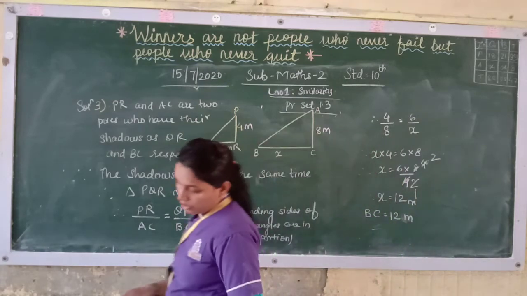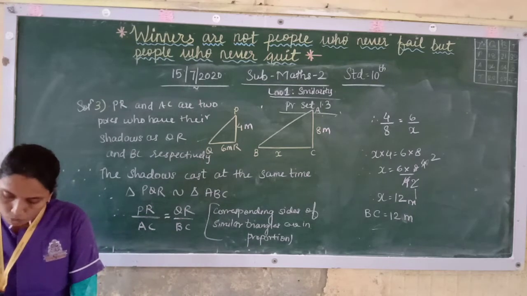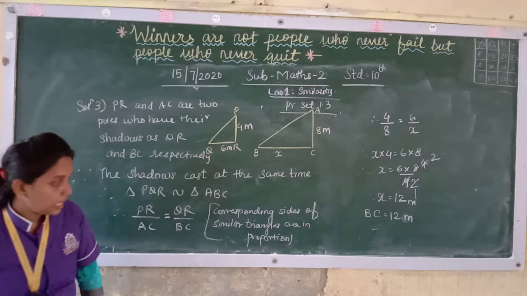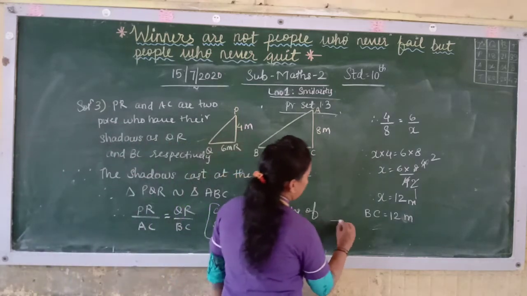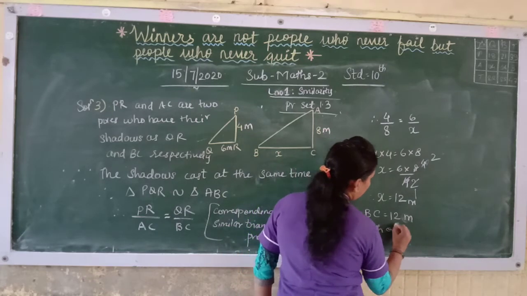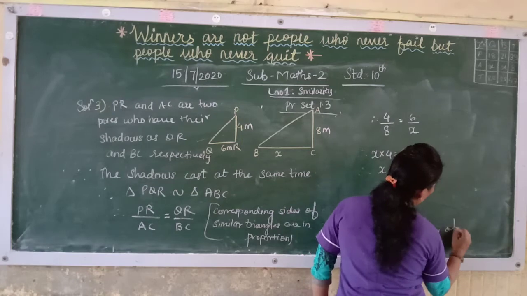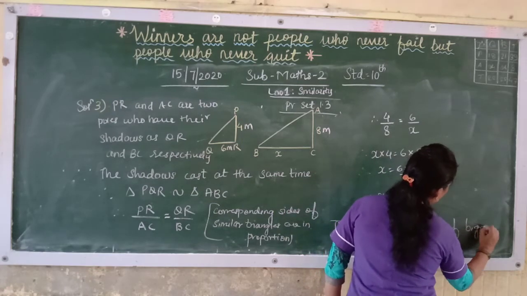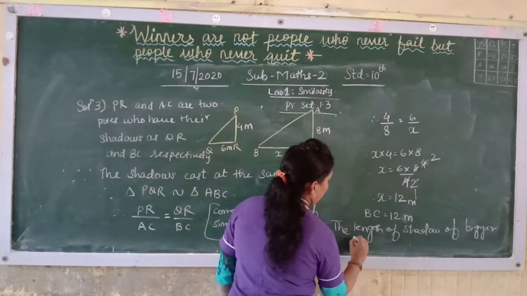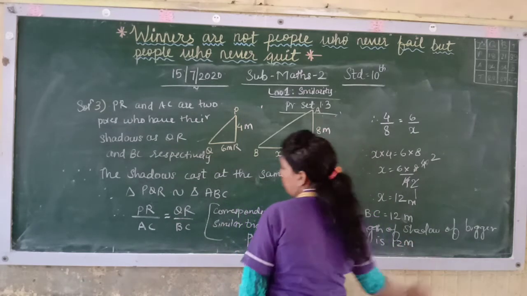So what was the question asked over there? How long will be the shadow of the bigger pole at the same time? Final answer: the length of the shadow of the bigger pole is 12 meters.